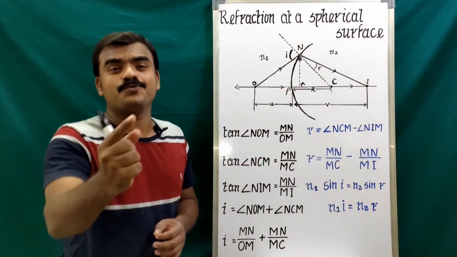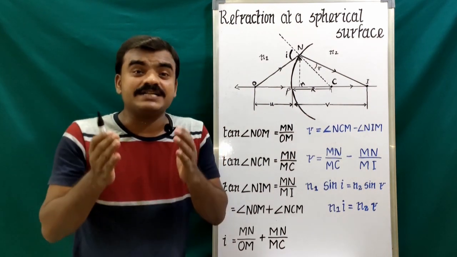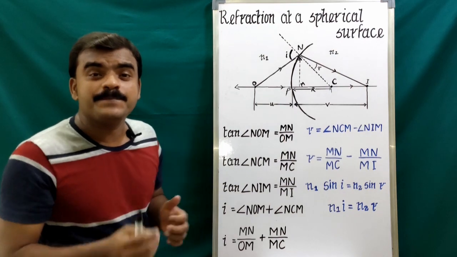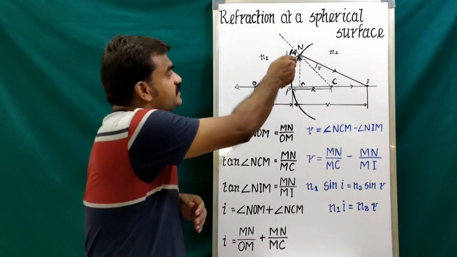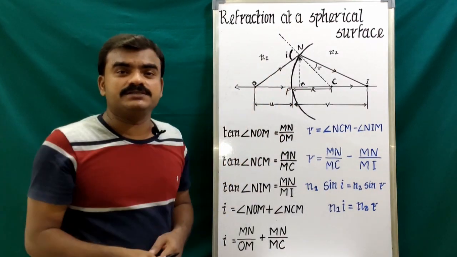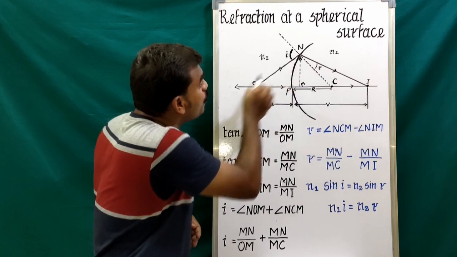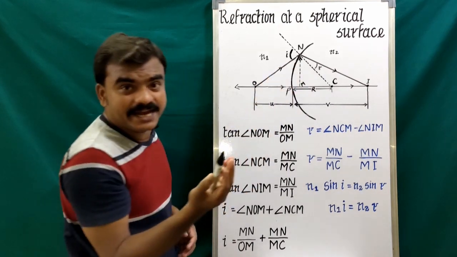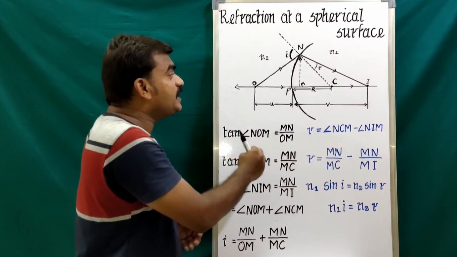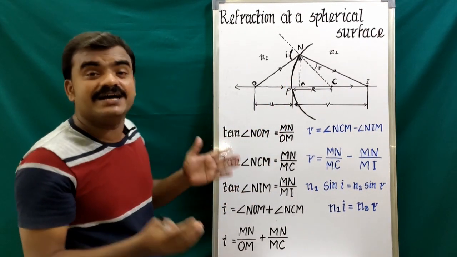Now you may raise one more question: why the tan value? Why don't we go for sin and cos? For sin, the formula is opposite side by hypotenuse, and for cos it is adjacent side by hypotenuse. We don't know the hypotenuse value in this triangle. But we have values for this side and this side, so when we connect these two sides, we use tan.